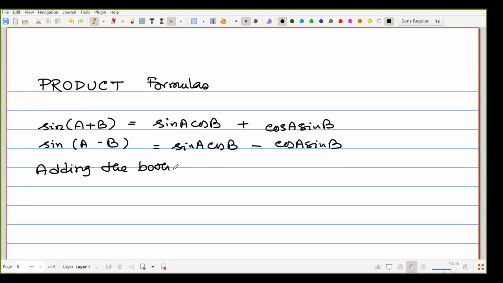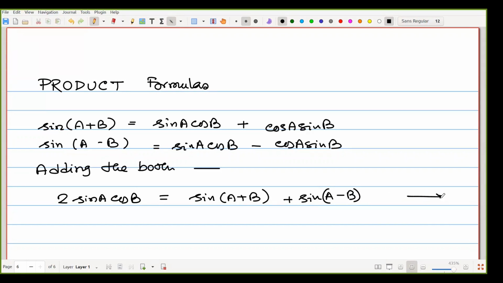Adding the both, we get 2 sin A cos B is equal to sin(A+B) plus sin(A−B). That is our first formula for the product.